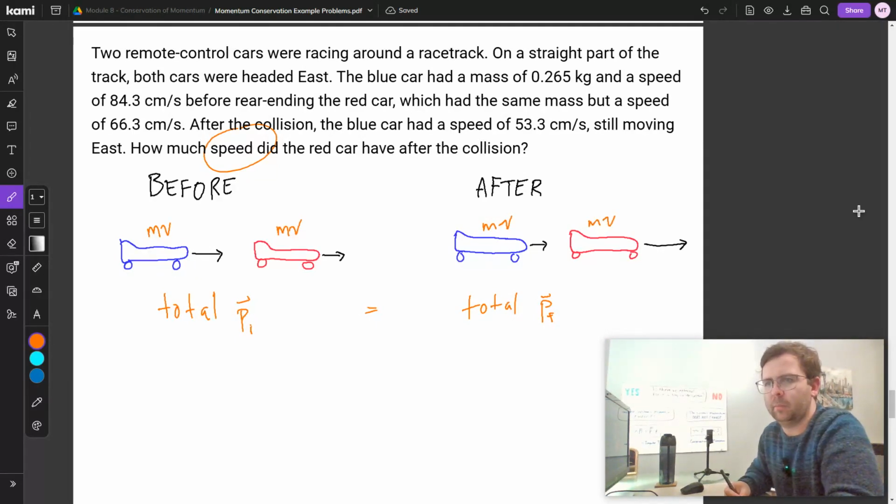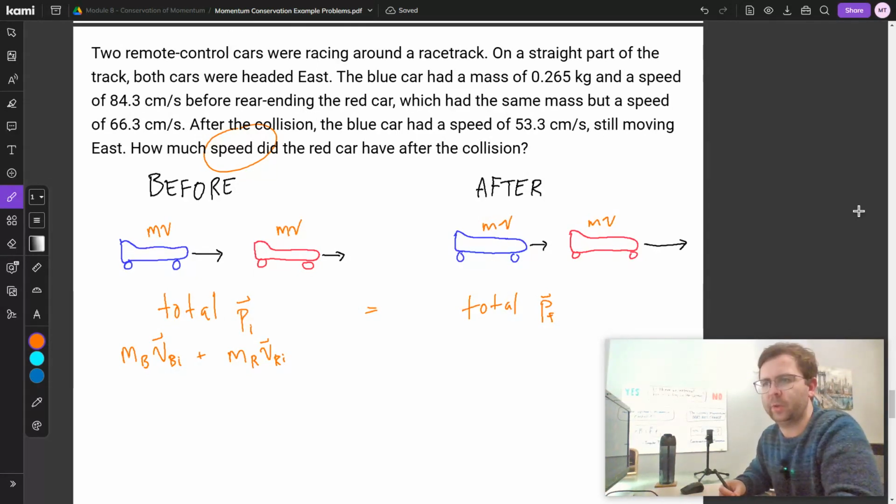And so we're going to say for the initial portion of our collision here, before they collide, the mass of the blue car times the velocity of the blue car initially, BI for blue car initially, plus the mass of the red car times the velocity of the red car initially.